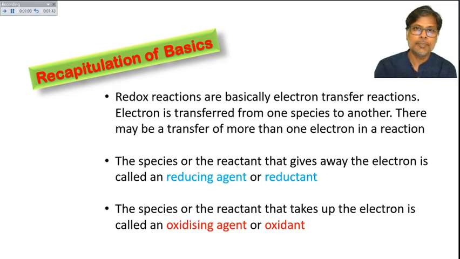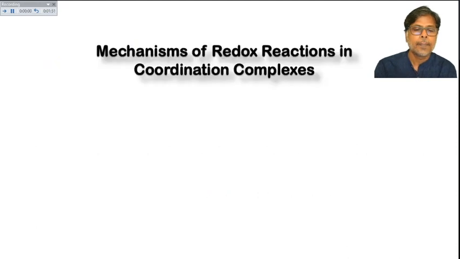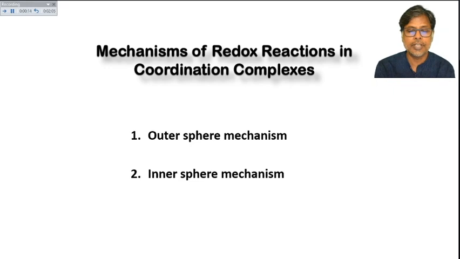Now let us see how many types of mechanisms there are in redox reactions in coordination complexes. There are two types of mechanisms known for the redox reactions in coordination metal complexes. One is the outer sphere mechanism, another one is the inner sphere mechanism.